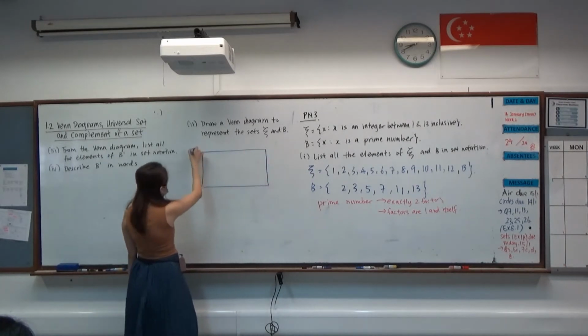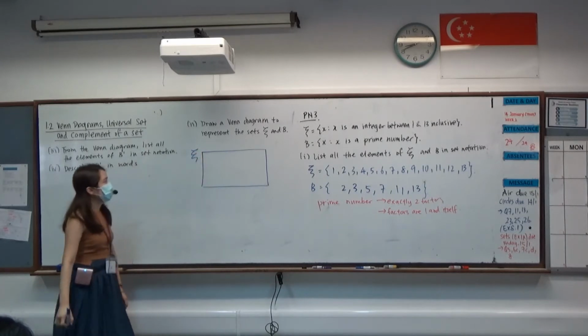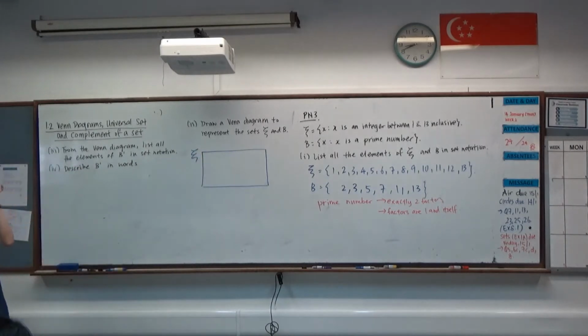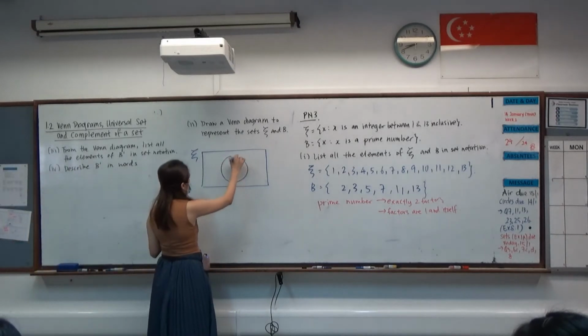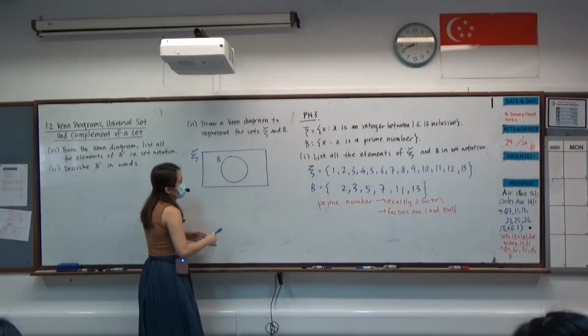In our Venn diagram, we should have a rectangle with the universal set symbol placed on the corner. My habit is to always place it on the top left corner. I think typically when you read any books, they always label it on the top left hand corner. Then after that we will draw the set B, since we only have one set in our discussion.